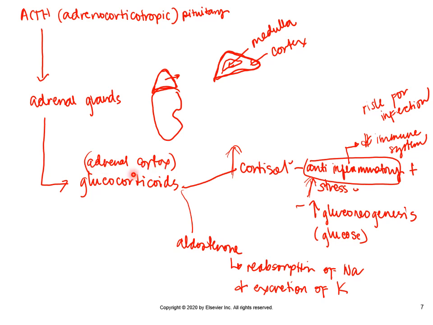The adrenal cortex is the one that's responsible for the production of what we call glucocorticoids. Your glucocorticoids are your cortisol or your aldosterone, right? I just talked about the functions of cortisol here, so it makes more sense when we talk about cortisol later on. And then your aldosterone is also responsible for the reabsorption and excretion of these electrolytes here.